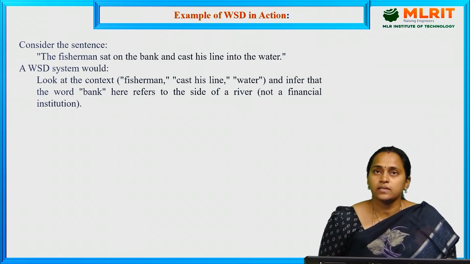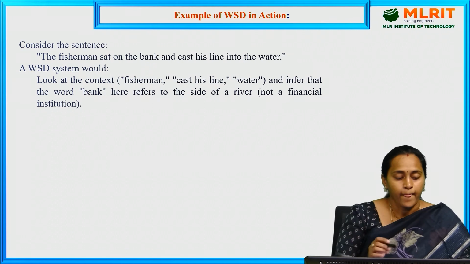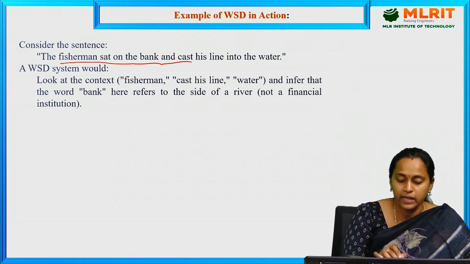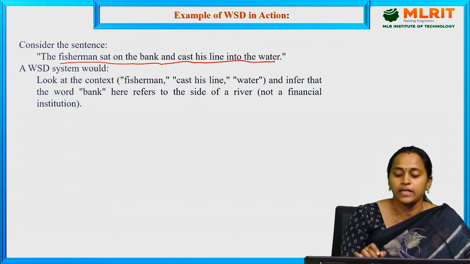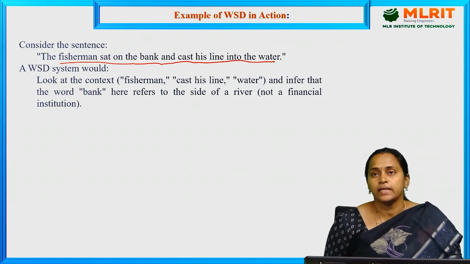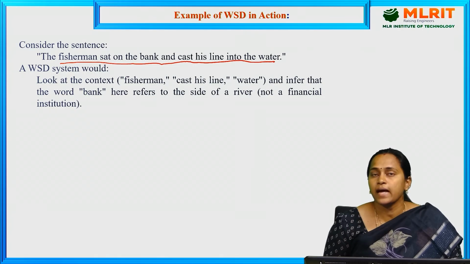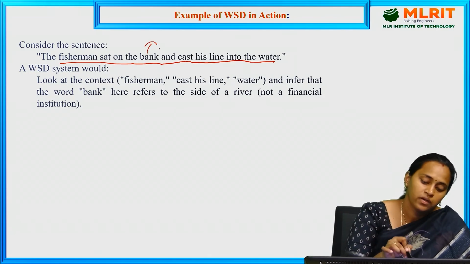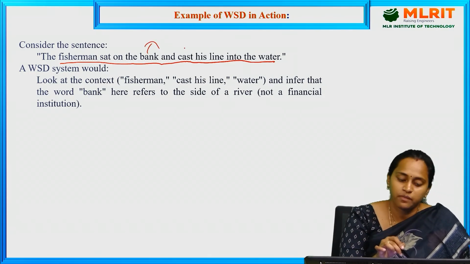So let's see an example in WSD. Consider the sentence: the fisherman sat on the bank and cast his line into the water. Here, does bank mean a financial bank or a river bank? Based on the surrounding context, we can analyze that this word is a river bank.